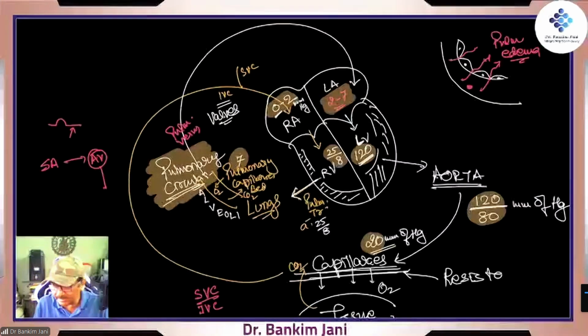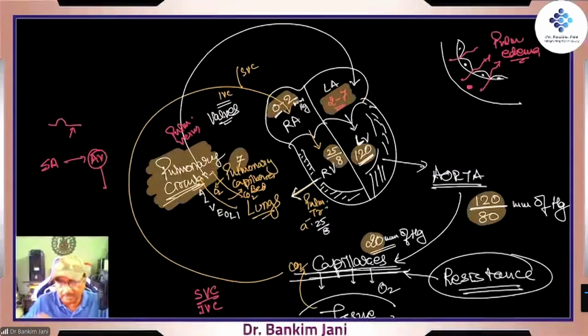And it is this resistance that will make a big change when you give ACE inhibitors, which are the type of medicines you give to your blood pressure patient. This is a very good point.